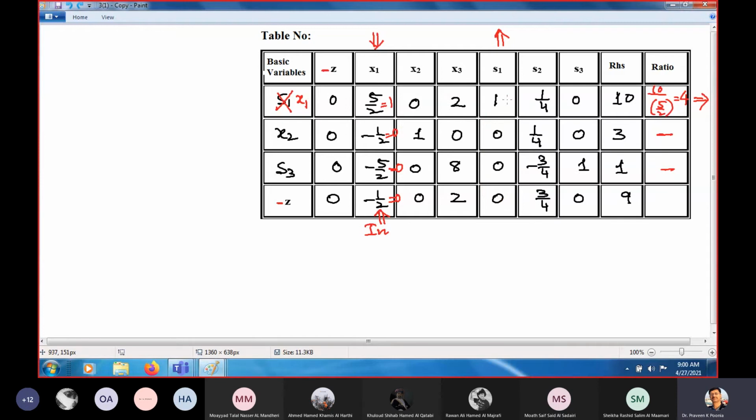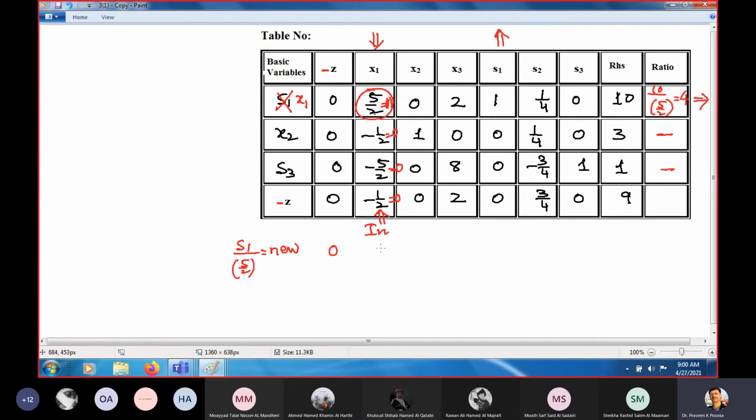So step number 1 is you are going to change this into 1. How can you change this into 1? It is S1 divide 5 by 2. And that we call new.